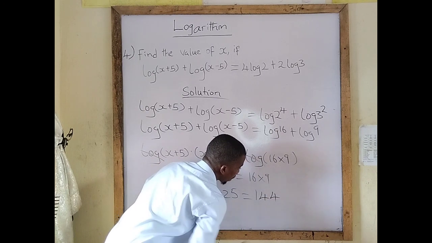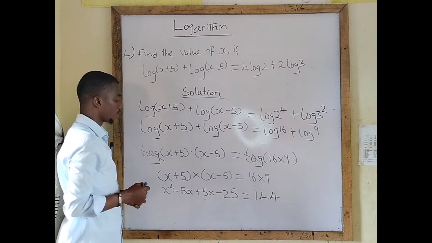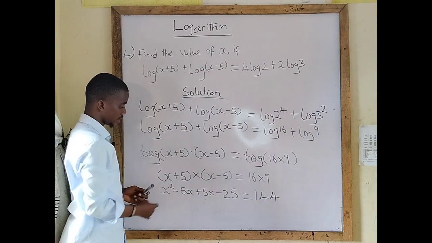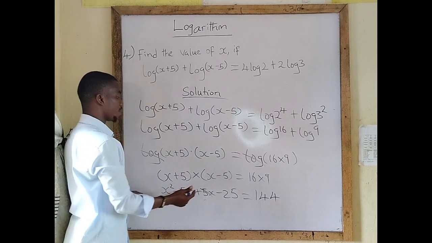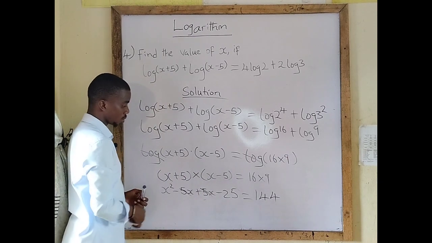144. So we have here that minus 5x plus 5x cancel each other because minus 5x plus 5x is equal to 0.